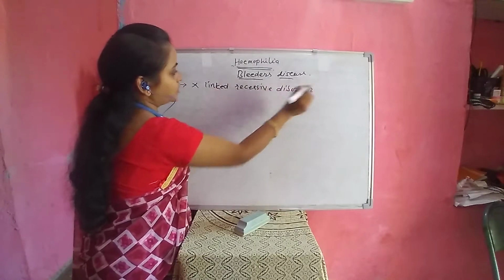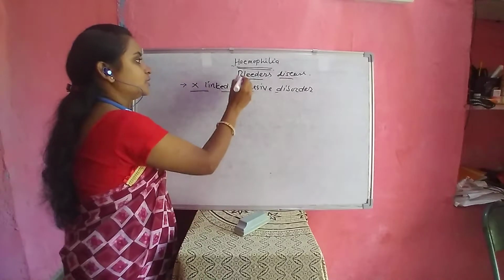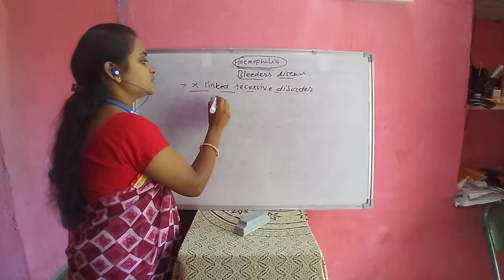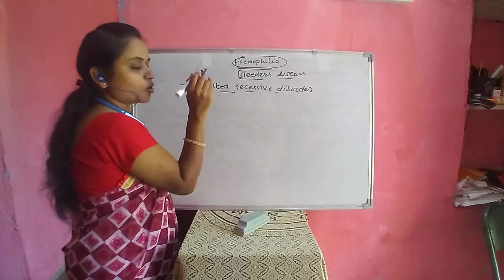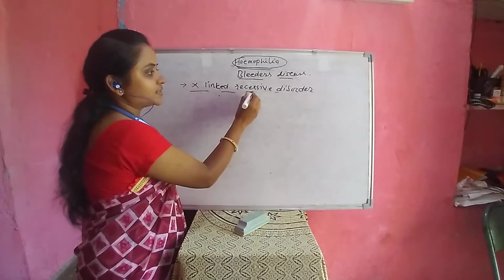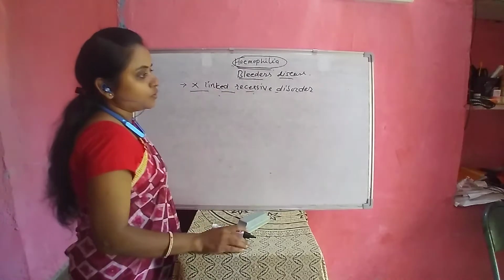Why is it called an X-linked recessive disorder? Because the gene responsible for hemophilia is present on the non-homologous region of the X chromosome, and it is recessive in nature. That is called an X-linked recessive disorder.